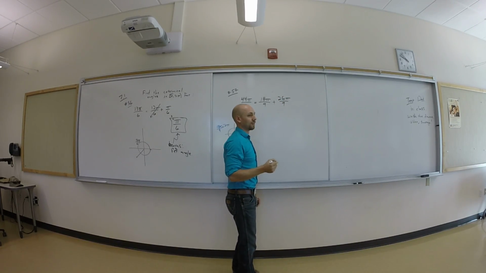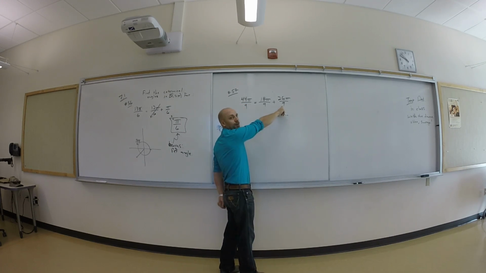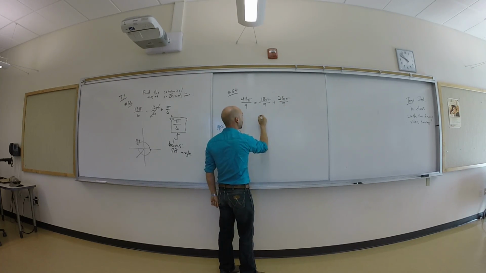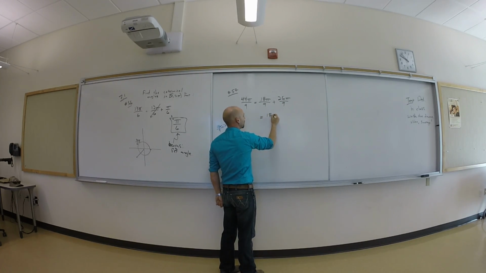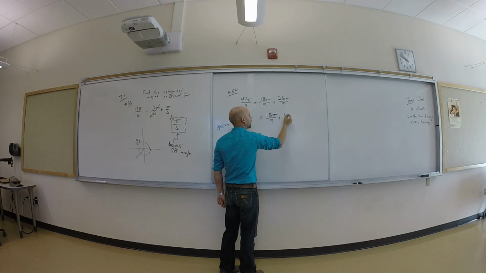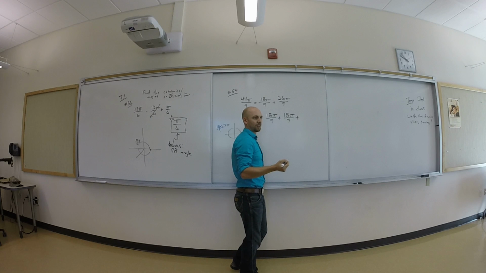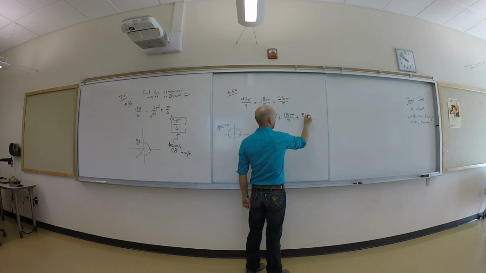But this is still bigger than 18, right? So this tells me it was once around and then also more than once around. So I'm going to say this is 18 pi over 9 plus 18 pi over 9 plus 8 pi over 9.